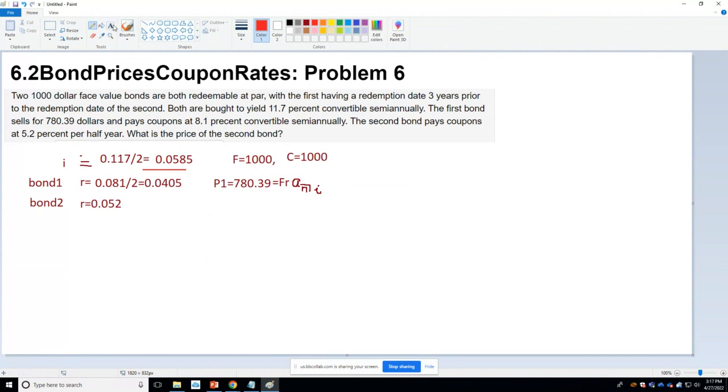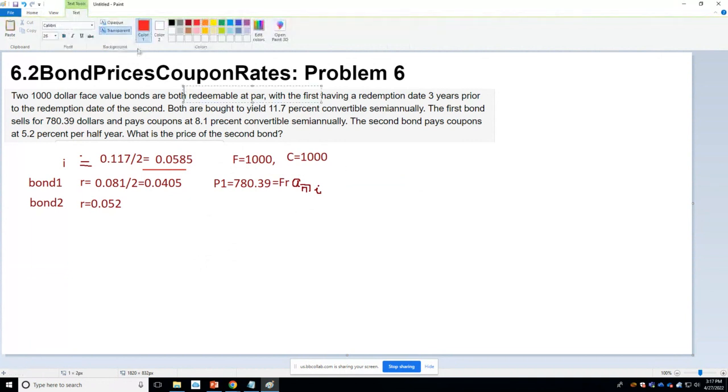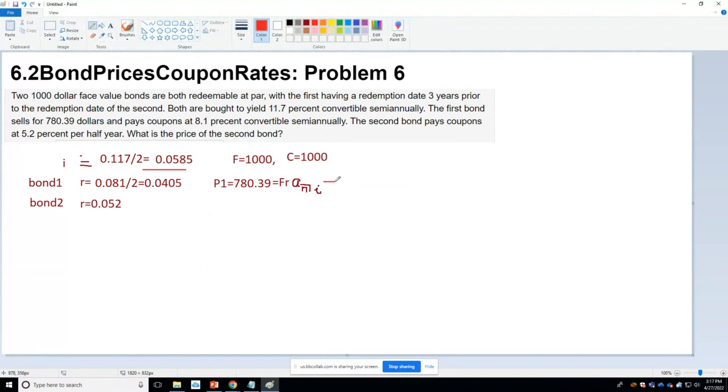Now plus the final payment, the redemption price, which is 1,000. It will be discounted for n payments. So how many years? The number of years would be n divided by 2 because it's a semi-annual payment. So n over 2 is the number of years.